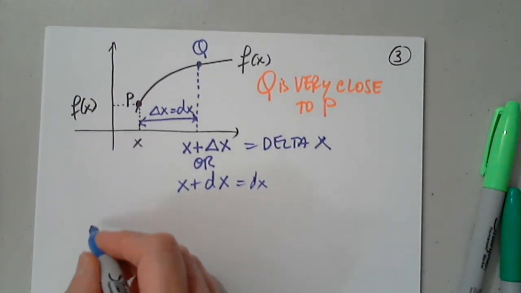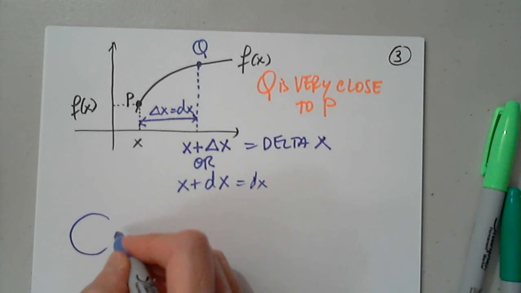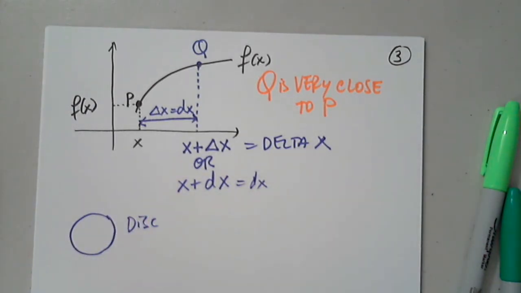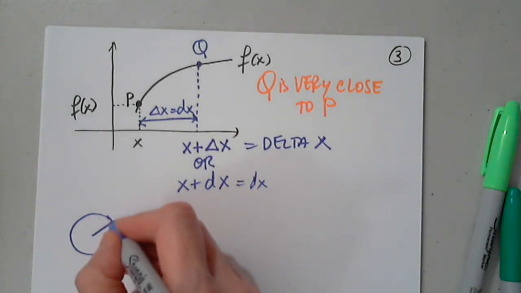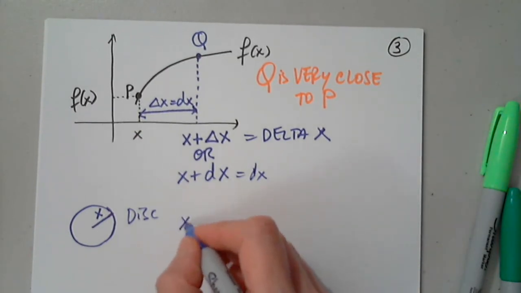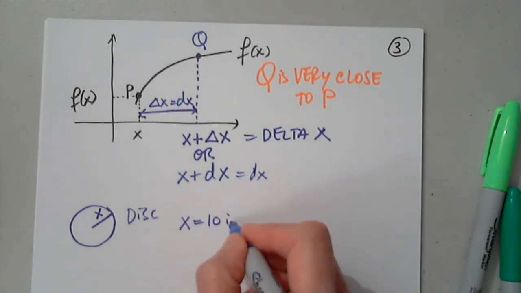So let's suppose we are creating some disks. We are manufacturing disks. And the radius of the disk is x. And the radius of the disk should be 10 inches.